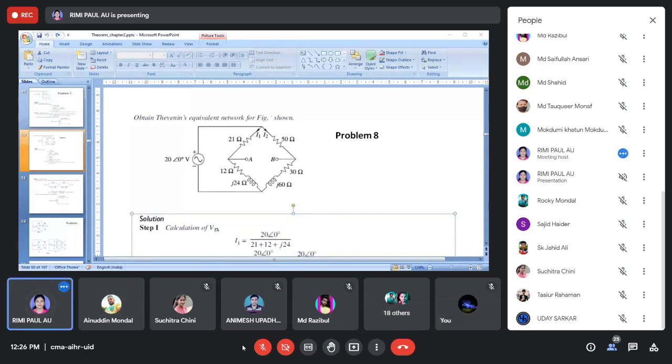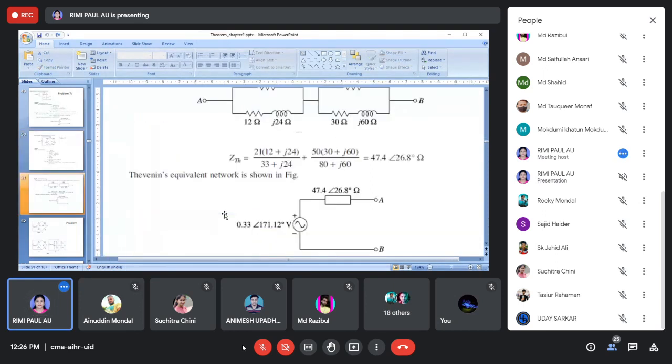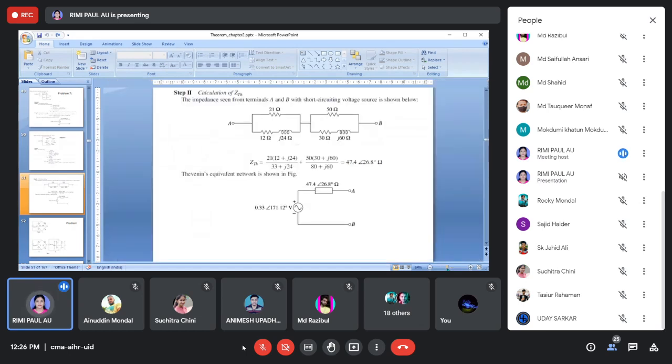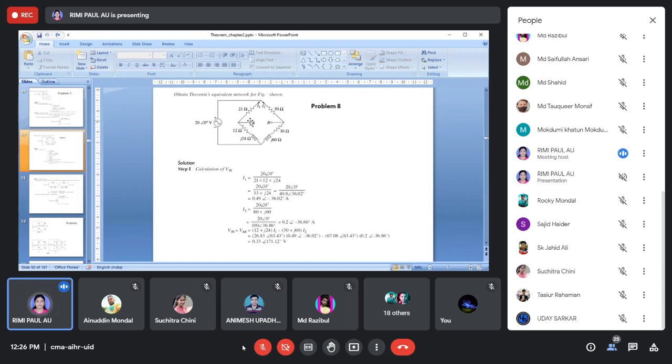So if I check the ZTH, those students who first told me, that is when I can find out Z equivalent. As per Z equivalent your answer is right, but now we are finding out ZTH. So ZTH is that here if we consider this point and this point.